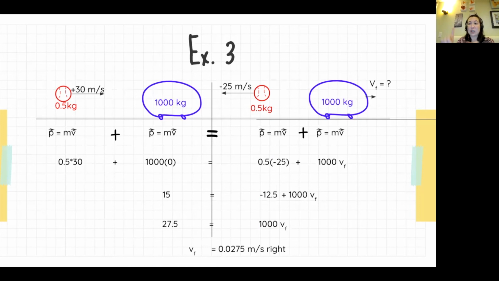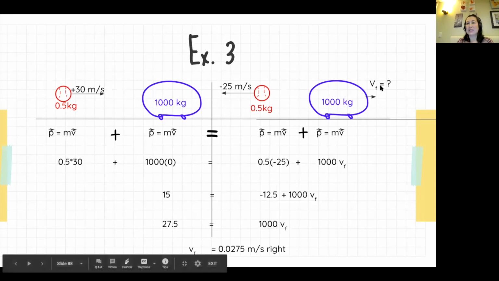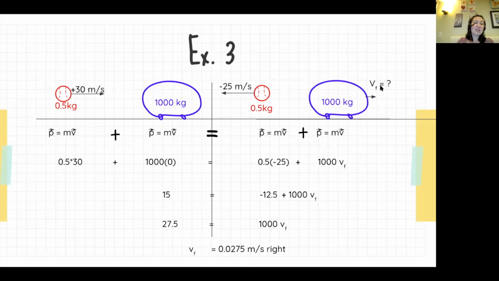So I draw out my before and after diagram, label all the masses and velocities I know, and I leave the final velocity of the car blank. I'm going to calculate the momentum before by taking the momentum of each object, ball and car. I see there's only 15 Newton seconds of momentum to start.